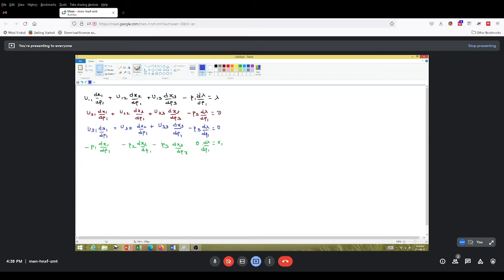Right now, now you can see that this is a linear system. The column, this multiply dx1, this is same.